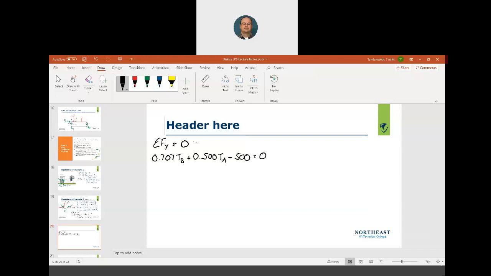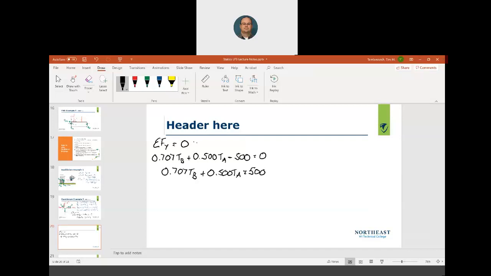All right, but I can reduce it. 0.707 TB plus 0.500 TA equals 500. I'm moving the 500 to the other side of the equation, adding 500 to both sides, so the 500 goes away.